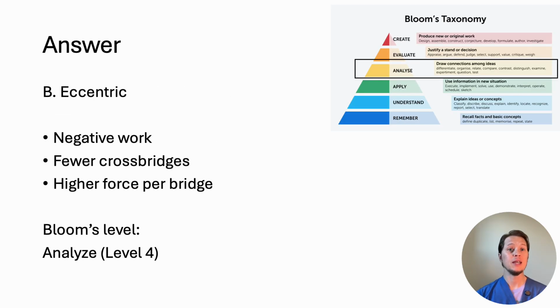The answer here is B, that eccentric contraction, which generates the highest forces because cross bridges are being pulled apart, which increases the tension despite fewer active bridges. So there you go. That's a level 4. You had to remember and understand it, then apply it, but now you need to analyze the scenario to come up and draw connections between these different ideas and problems to go from problem to answer.